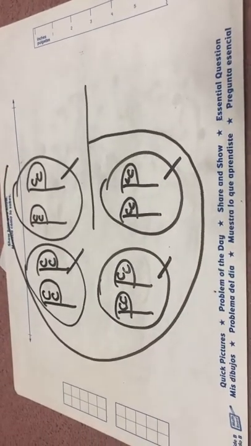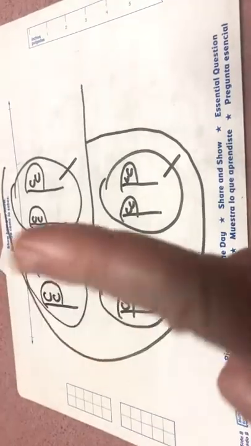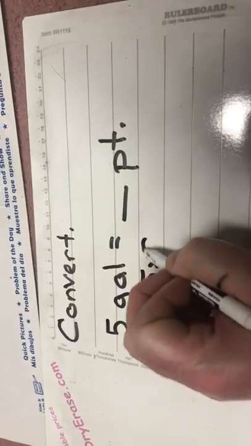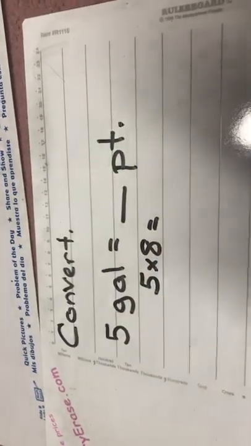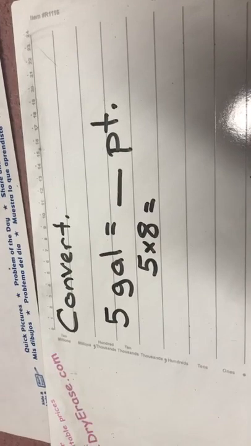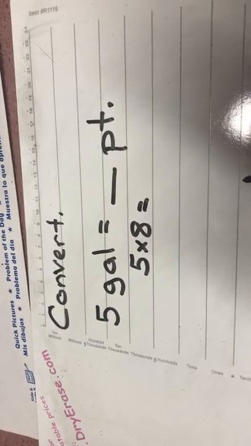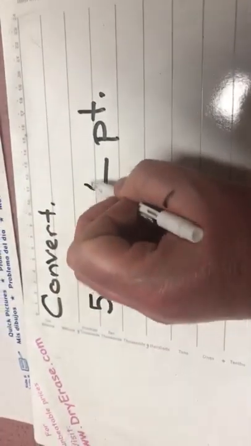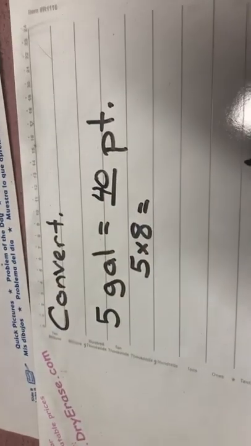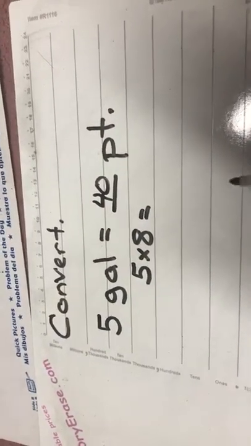I have 8 pints in 1 gallon, but I have 5 gallons. So I have to think to myself, 5 times 8. Yet again, 5th grade, why it's important to know our multiplication tables. We should all know that 5 times 8 equals 40. 5 gallons makes 40 pints.